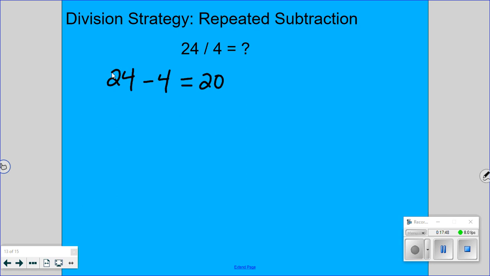I need to keep making groups, though, because 20 is still kind of crazy. So I've got 20. And I'm going to take away another group of 4. Now how much do I have left in my crazy pile? Art? 16. I'm going to keep doing this until I get down to 0 left in my crazy pile.